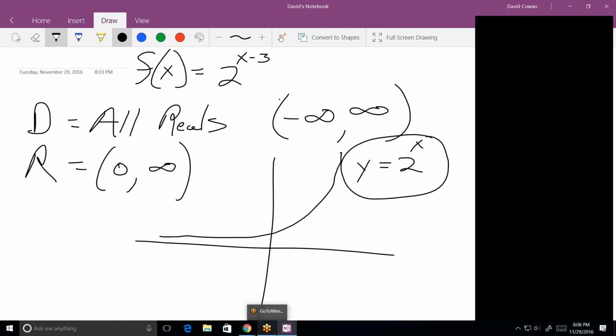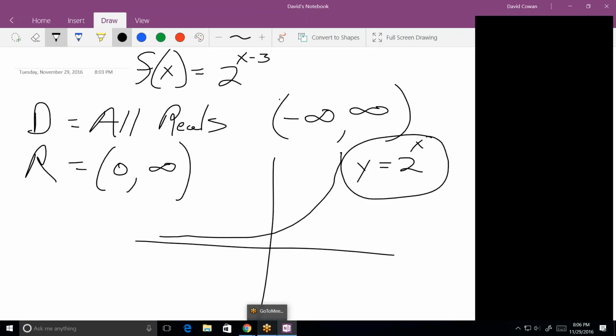There is no value of x that you can possibly come up with that would make y 0. It approaches 0 as x goes towards negative infinity, but it never actually hits it. So therefore the range is 0 to infinity.